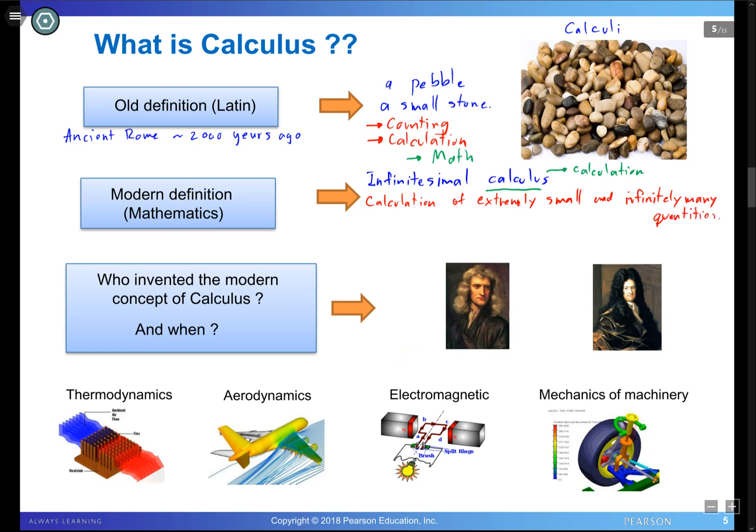Okay, so we are talking about something that is really small and lots of them, infinitely many. We have all these tiny pieces, lots and lots of them, and you string them together, you connect them together, they become a string of continuity. So this leads to a string of continuity.